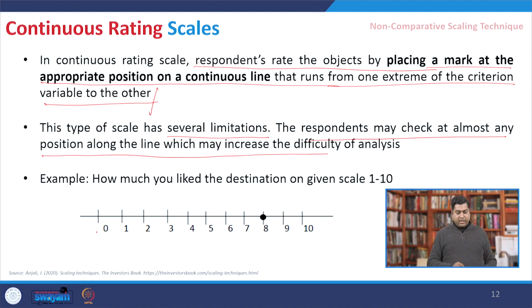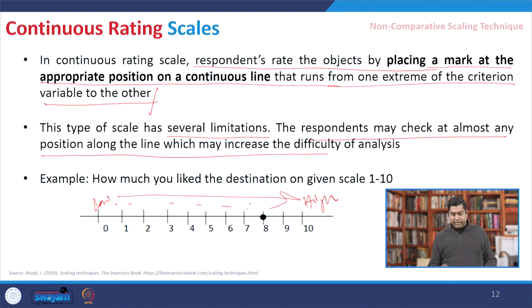Say, for example, I say you can give any number in terms of importance, and we are not defining what 0 is; we only define the extreme values. So this is probably low, this is high, but in between we do not give any value.